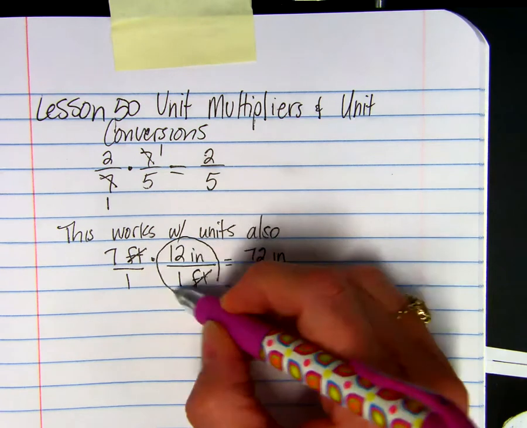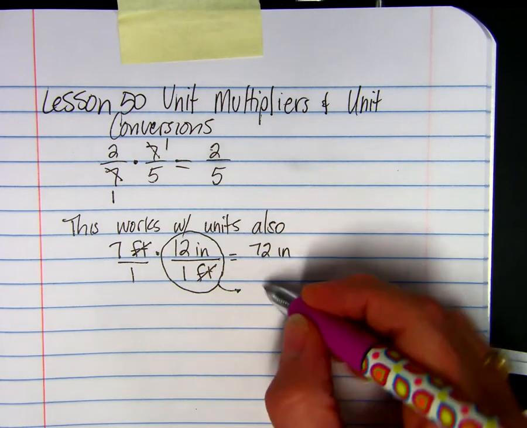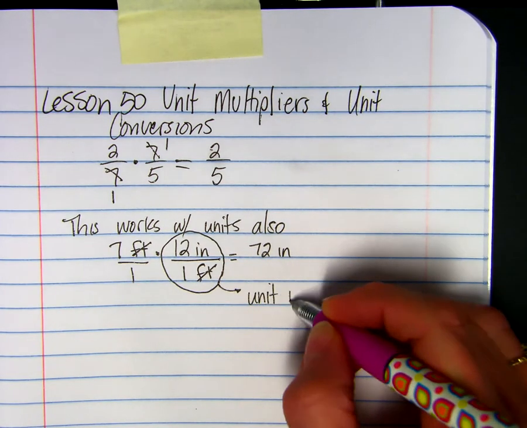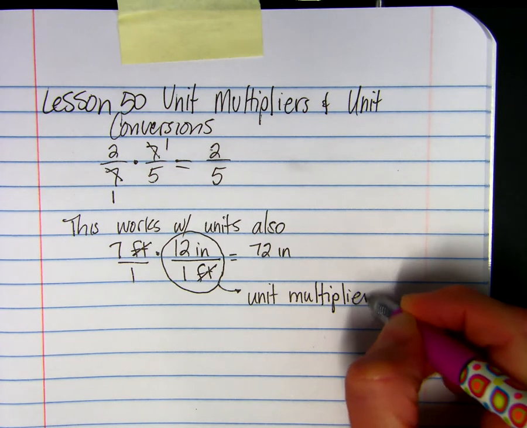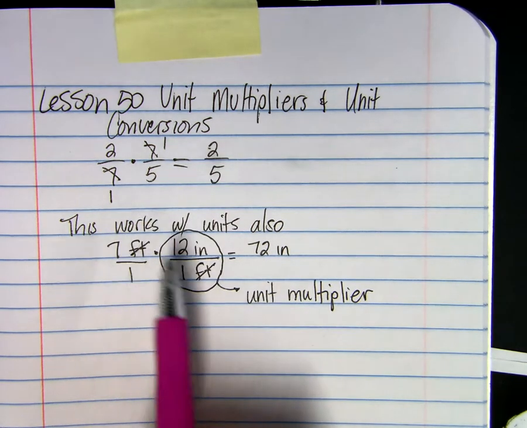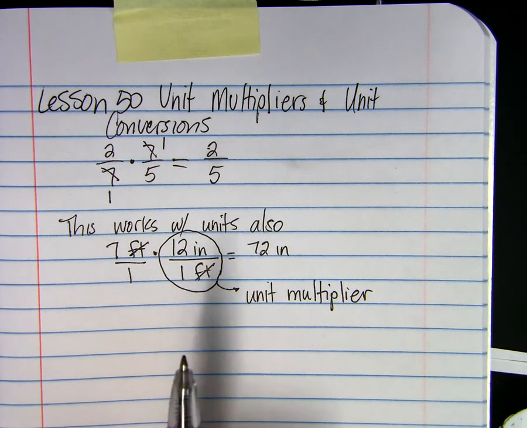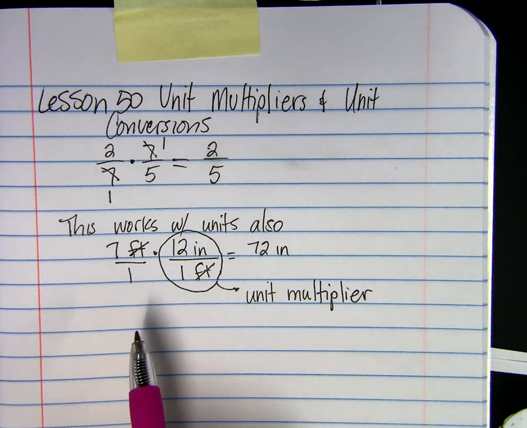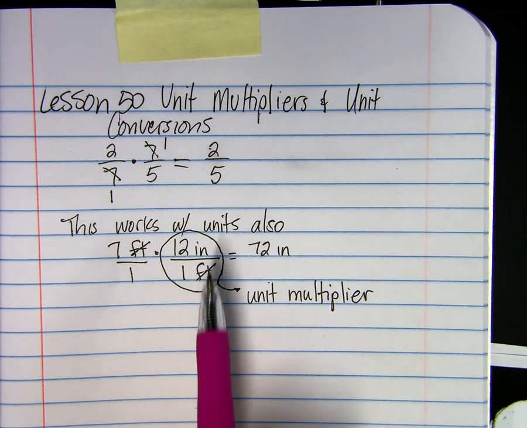This fraction is called a unit multiplier. A unit multiplier, what it means is the fraction itself equals 1, but you're using maybe different labels.